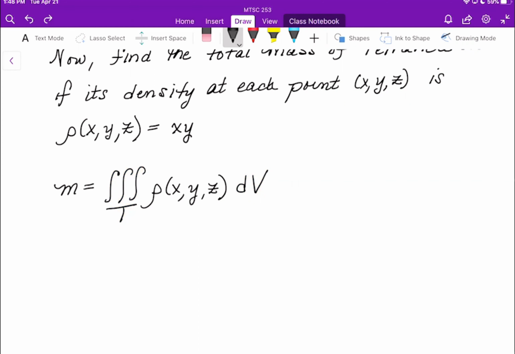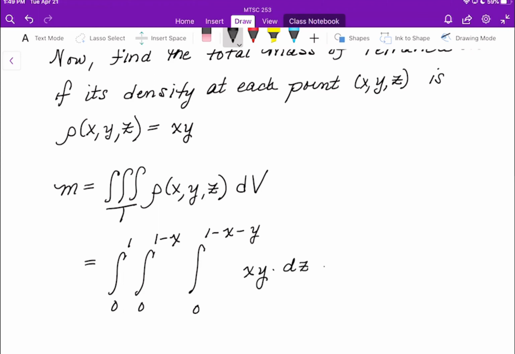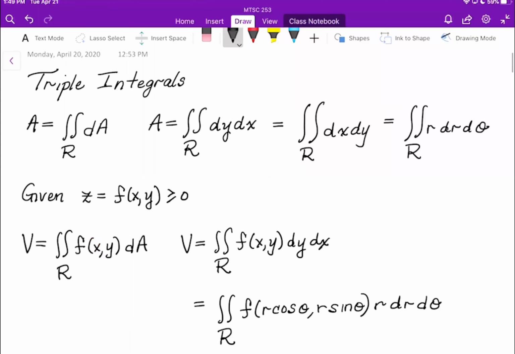So this now just becomes the integral from 0 to 1, the integral from 0 to 1 minus x, the integral from 0 to 1 minus x minus y, and now I need the density function, which is xy, and now I have dz, dy, and dx.